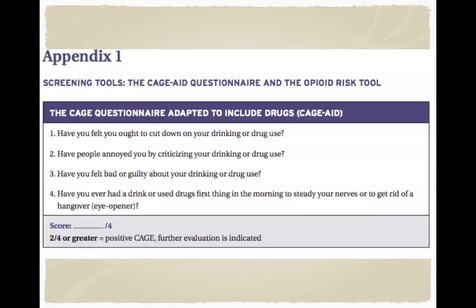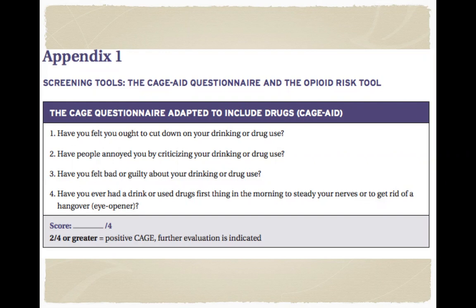I think I have it on the next slide here. It's just 4 questions, and if the patient answers positive to 2 out of 4 of them, then you basically need to do a further evaluation and start questioning if opiates are the right type of analgesics you should be prescribing to this patient.